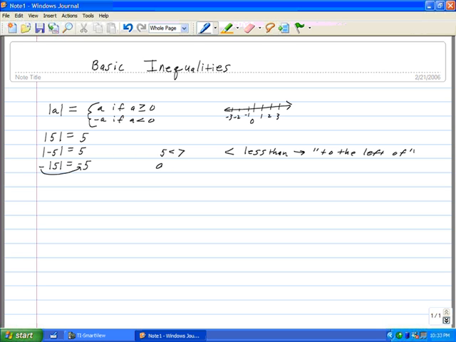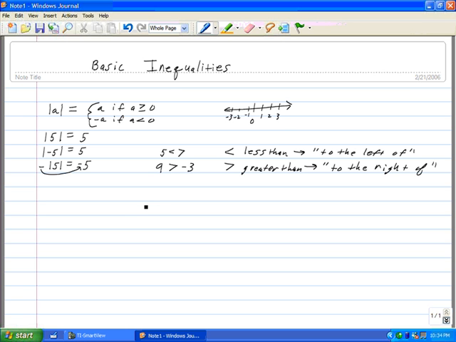If I say 9 is greater than negative 3, then that greater than symbol is implying that 9 is to the right of the negative 3 on the number line. So if you're questioning which way a symbol should face, should I use the less than or should I use the greater than symbol, just remember this layout of the number line.